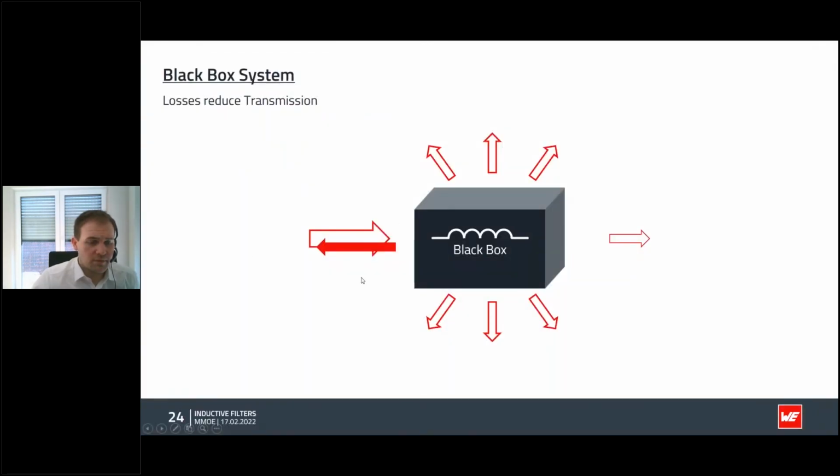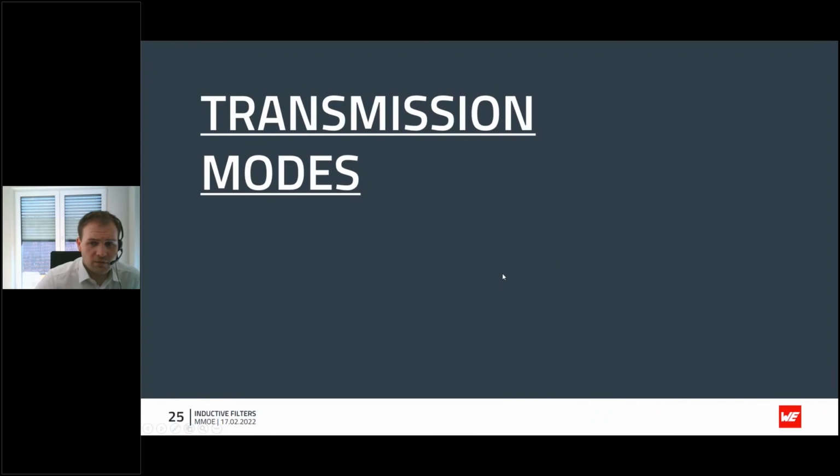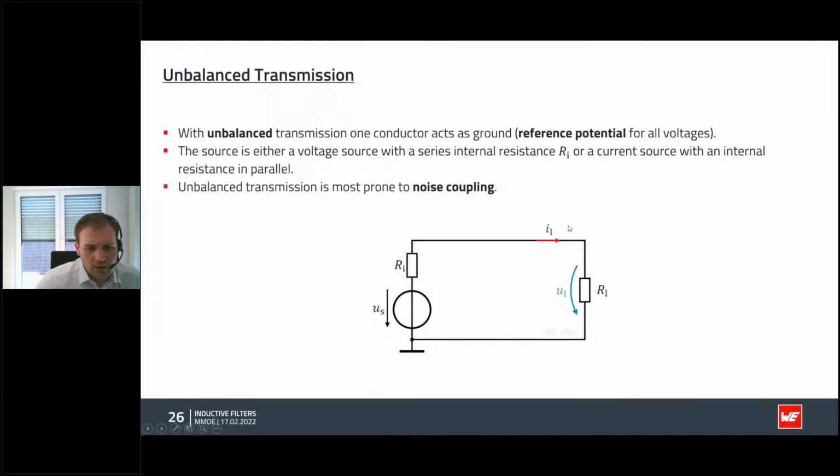And this part of the reflection might affect signal integrity if we have really only this means of filtering. And especially for unbalanced transmission, these low passes of first order are really our only way to filter.